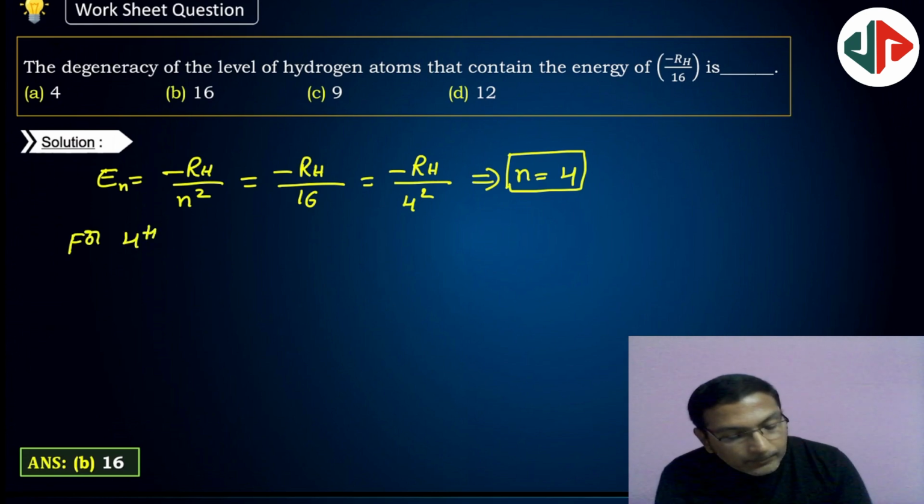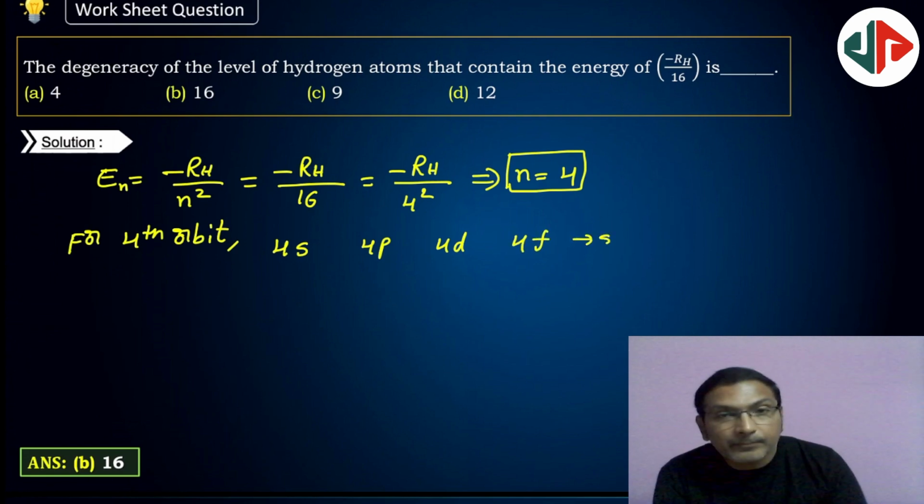for fourth orbit we have 4s, 4p, 4d and 4f subshells.